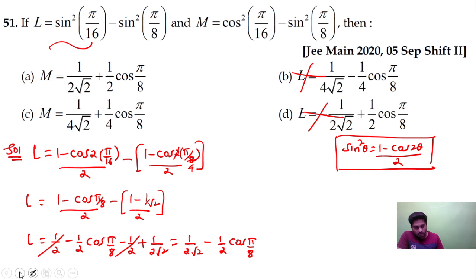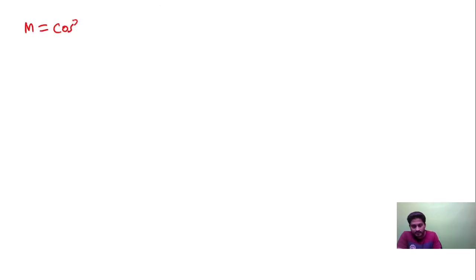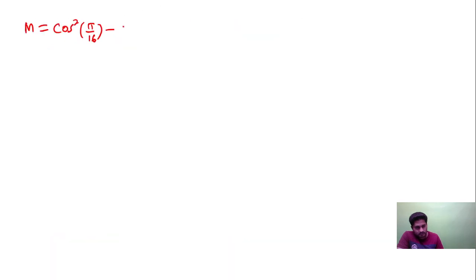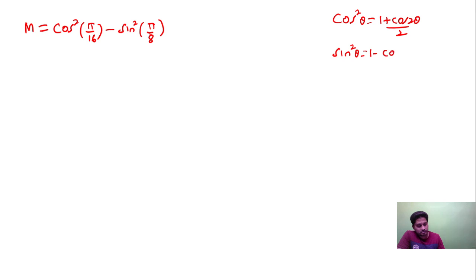M is equal to, according to the question, cos square pi by 16 minus sin square pi by 8. Okay, again I'll use the formula. Cos square theta will be equal to (1 plus cos 2 theta) divided by 2, and then sin square theta will be equal to (1 minus cos 2 theta) upon 2.